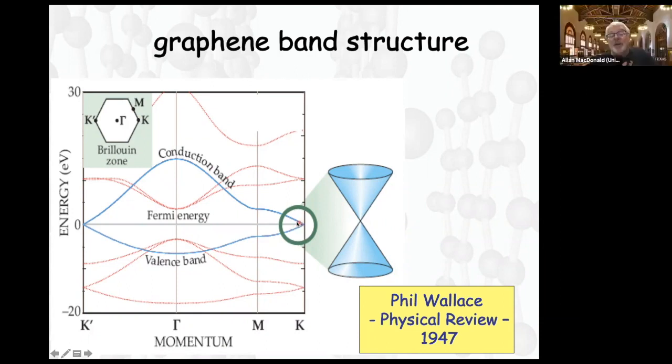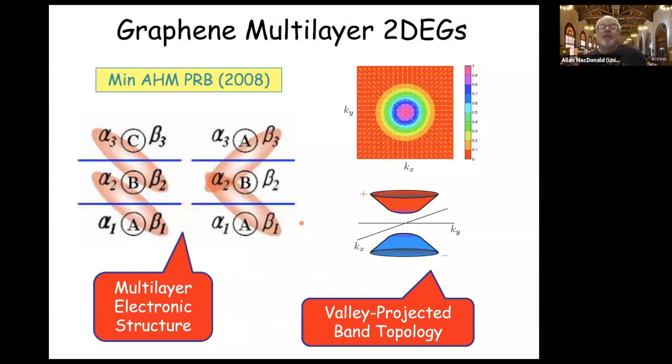There are two bands that cross at these Brillouin zone corner points. And the fact that there are two bands is related to the fact that the honeycomb lattice of graphene has two sublattices. That ingredient is the starting point for the interesting properties of magic angle or twisted graphene systems.